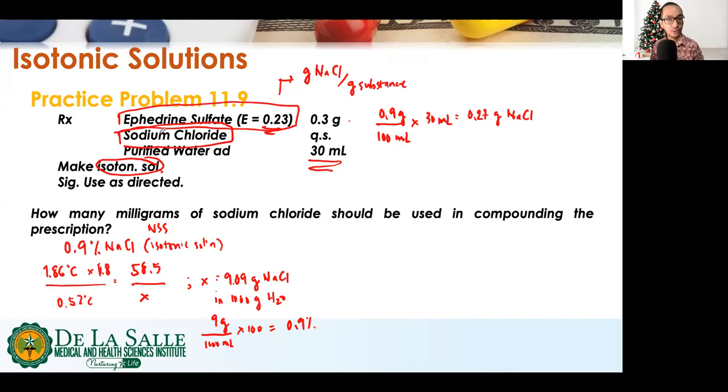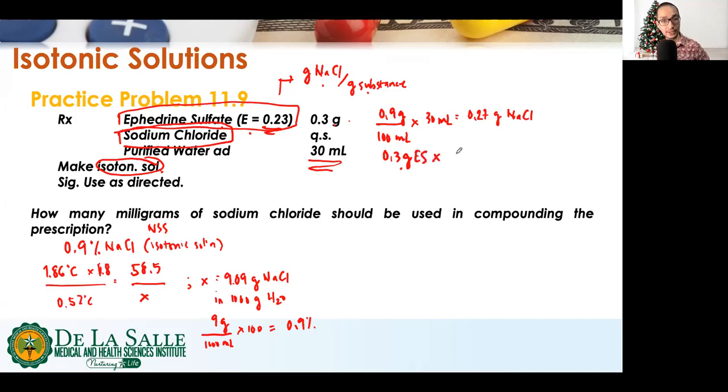Now, how do we do that? We do that by determining the equivalent sodium chloride of this 0.3 gram of ephedrine sulfate. Remember, E value is grams of sodium chloride per gram of the substance. 0.3 gram, this is your ephedrine sulfate.